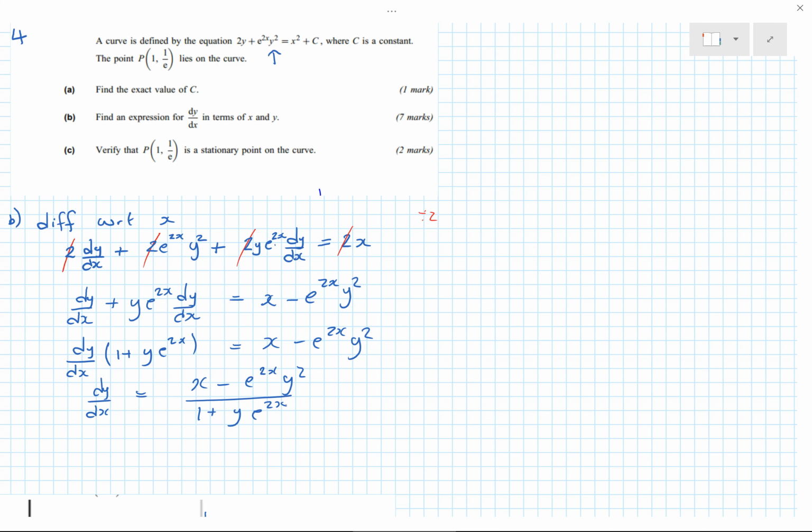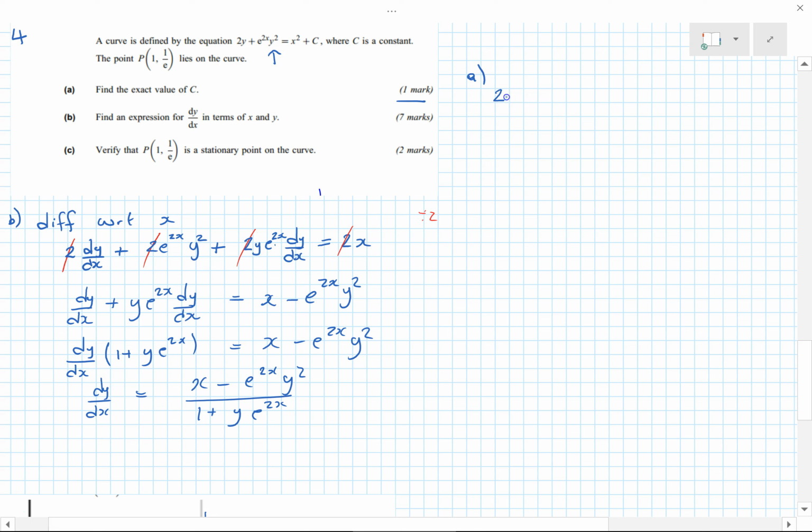And so we'll do part A now up here. It's only one mark here. It says find the exact value. We're told this point on the curve, so we just have to sub in 1 and 1 over e.